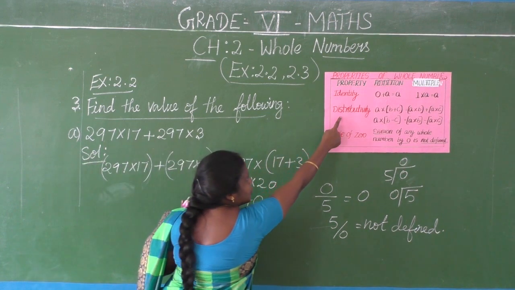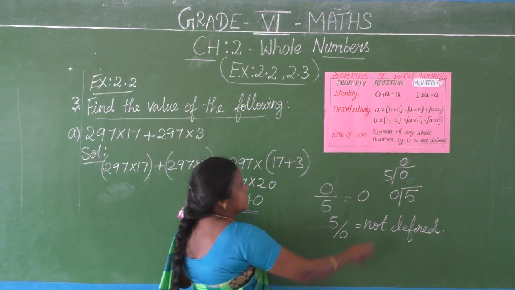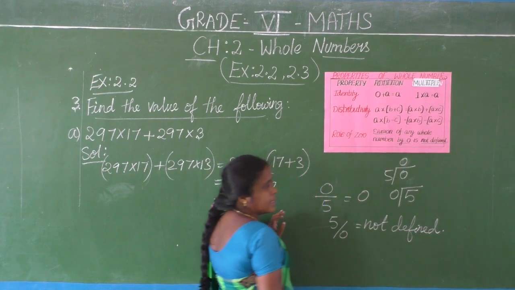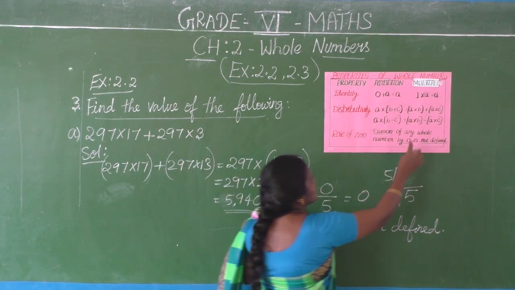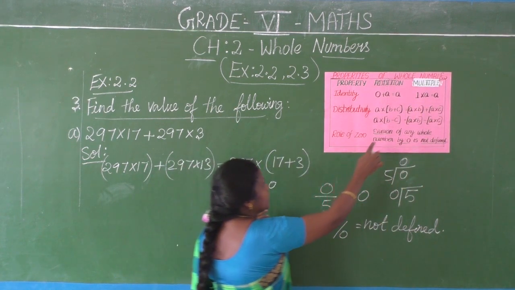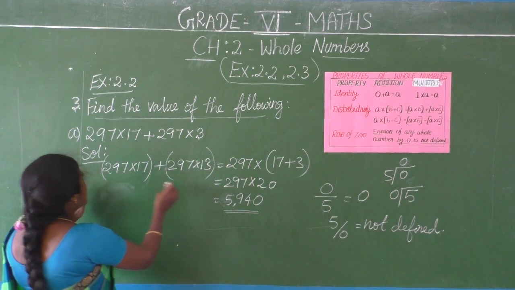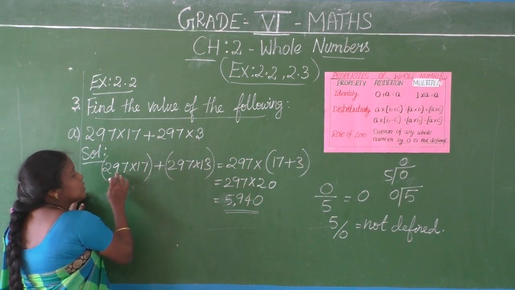Distributivity. First category: A into (B plus C) is equal to A into B plus A into C. Our question is matching with this side. See, in the formula also A is coming 2 times. Likewise, in our question, the number coming 2 times is 297.